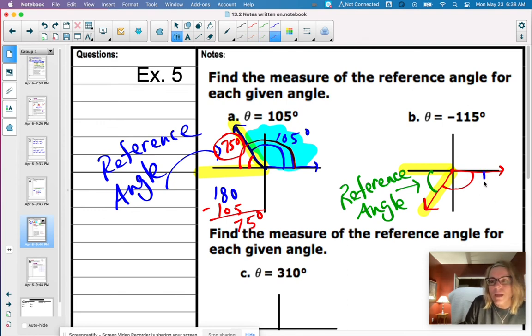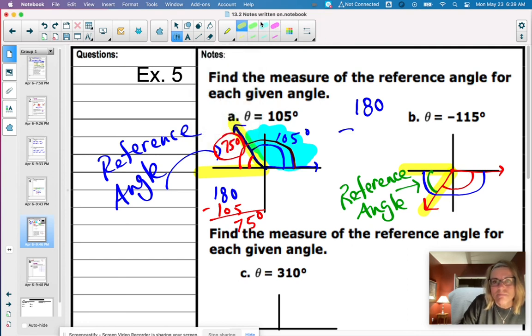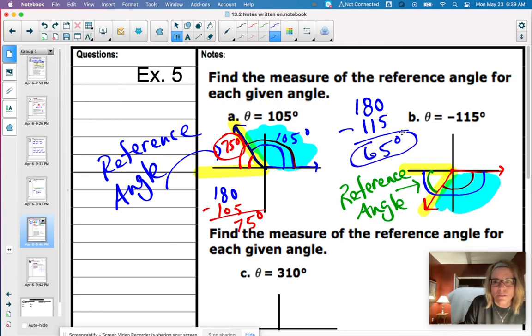Well, again, I know that this whole distance, I know I'm traveling down, so it would be negative 180. But remember, reference angles aren't negative. So that whole distance is 180. And I'm going to subtract off all of that, which is the 115. And when I take 180 minus 115, I get 65 degrees.